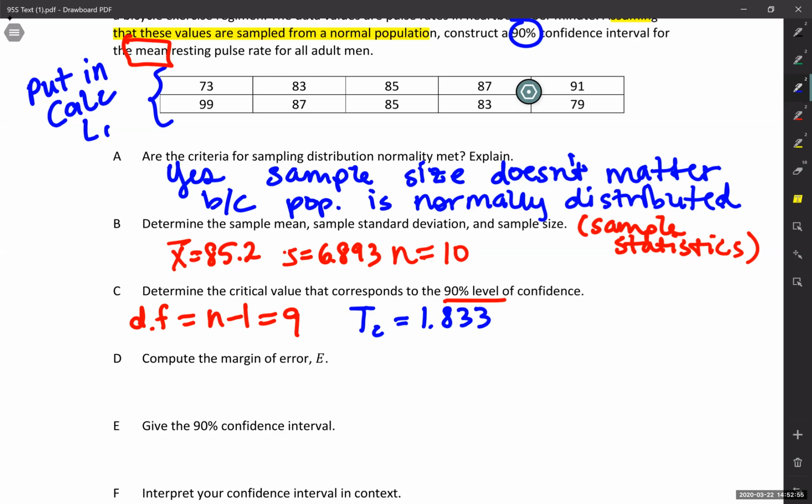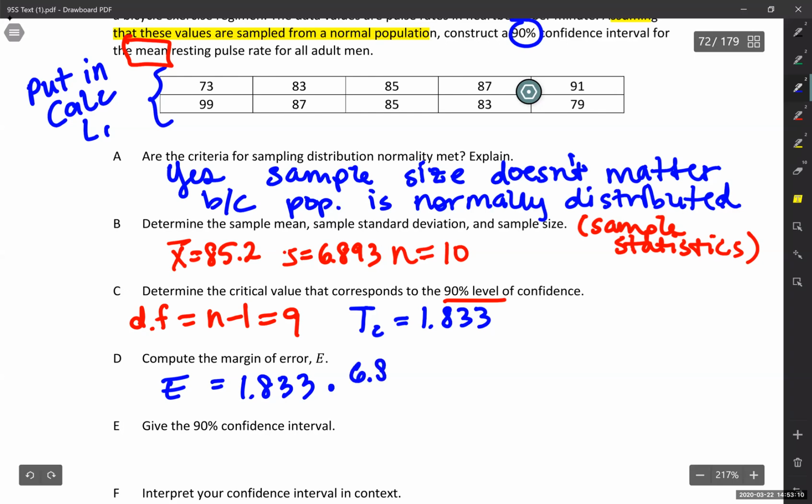All right, so then we want to compute the margin of error. We're using our t and our s and our square root of n.